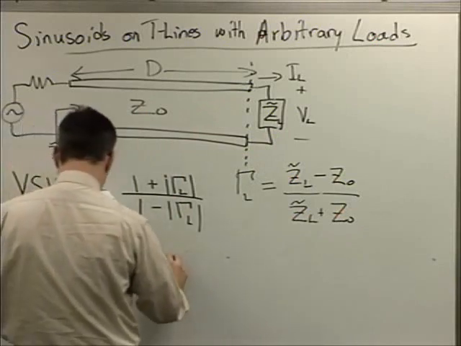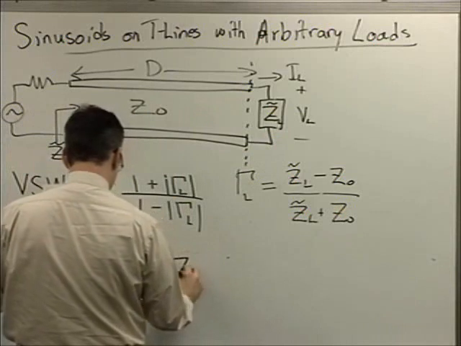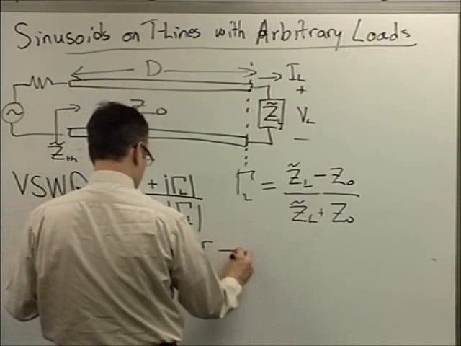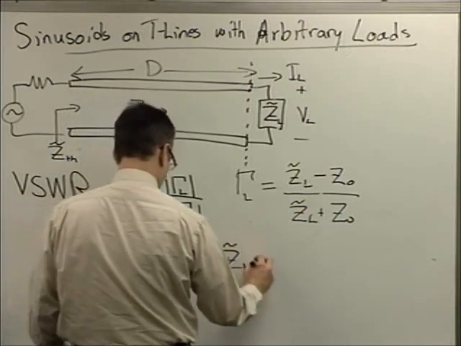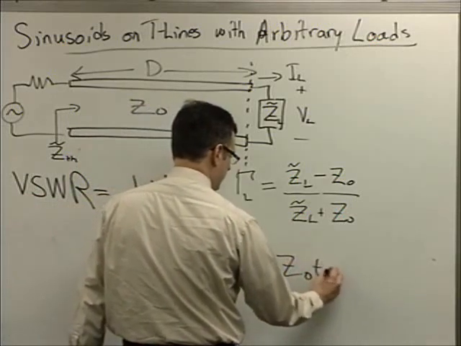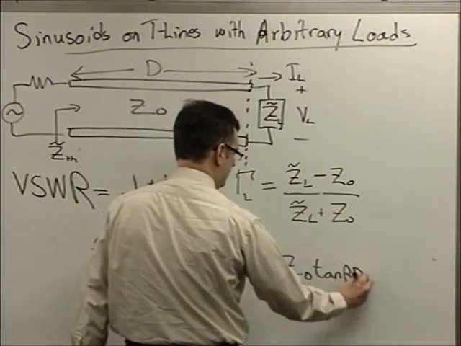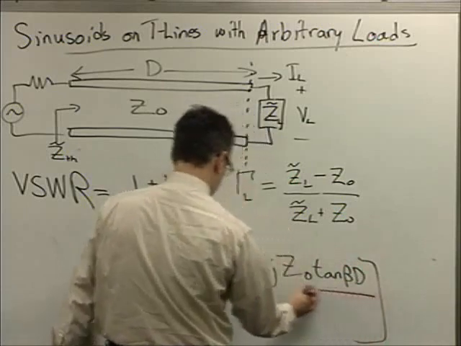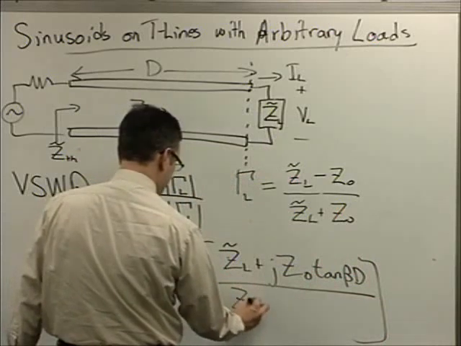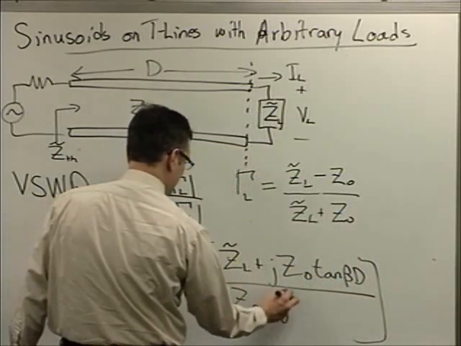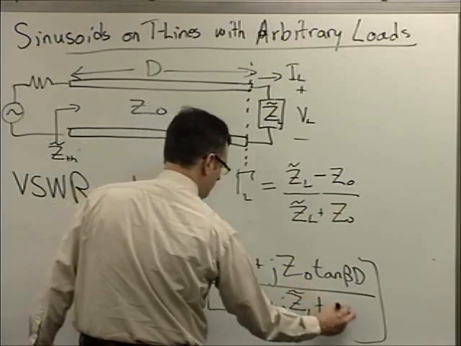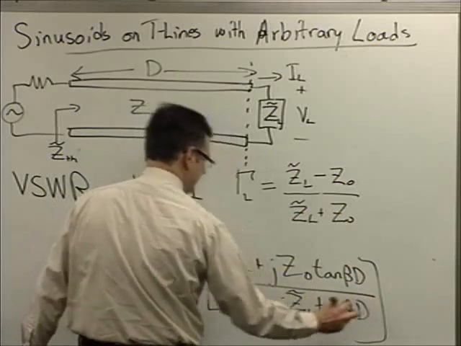And here's the nasty expression. This is equal to Z0 times the quantity: in the numerator, I have ZL plus j Z0 tangent beta d, and then in the denominator, I have Z0 plus j ZL tangent beta d.